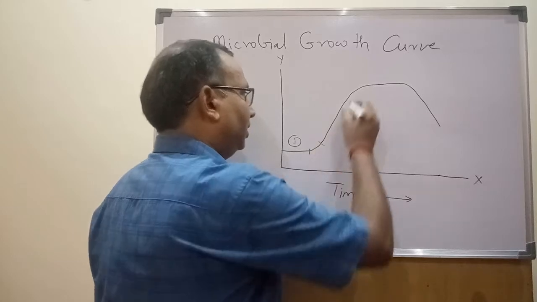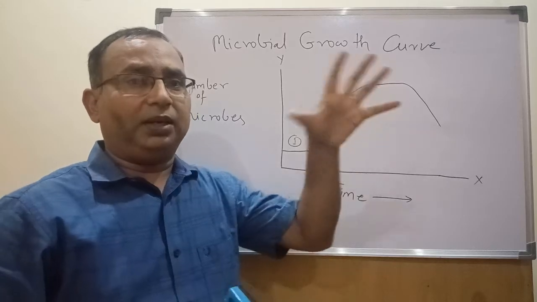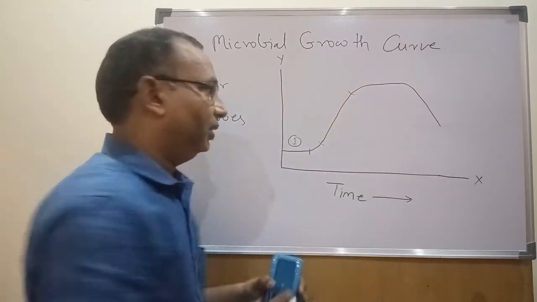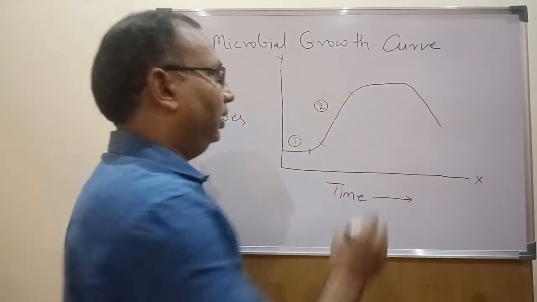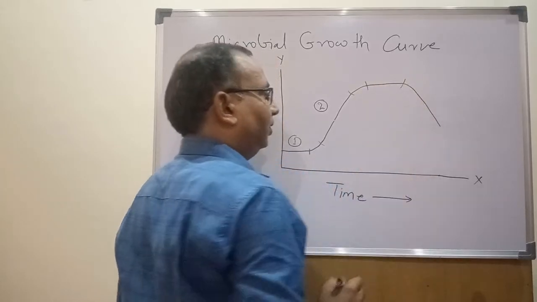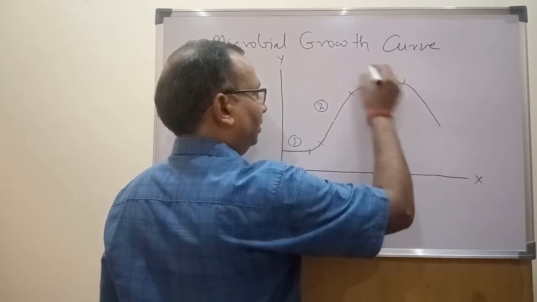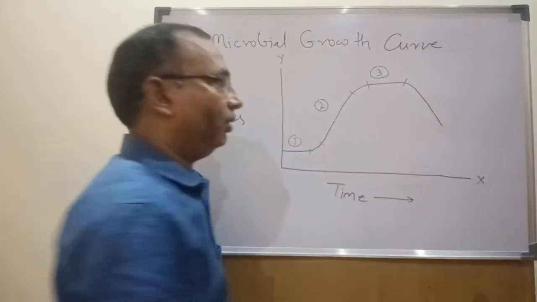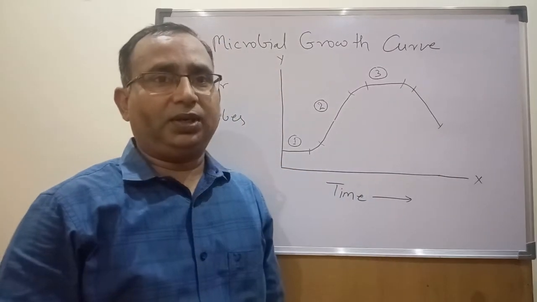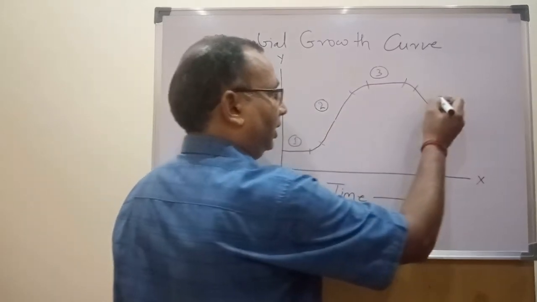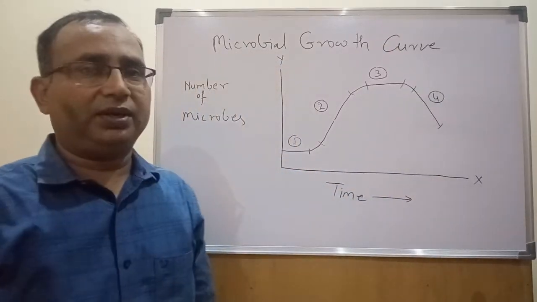After that we get a segment where rapid increase in microbial population is observed, say it is segment number 2, and later on we get a phase where the total microbial population remains constant, say it is segment number 3, and later on we get the final and the last segment of the curve, which represents the continuous decrease in microbial population, say it is segment number 4.